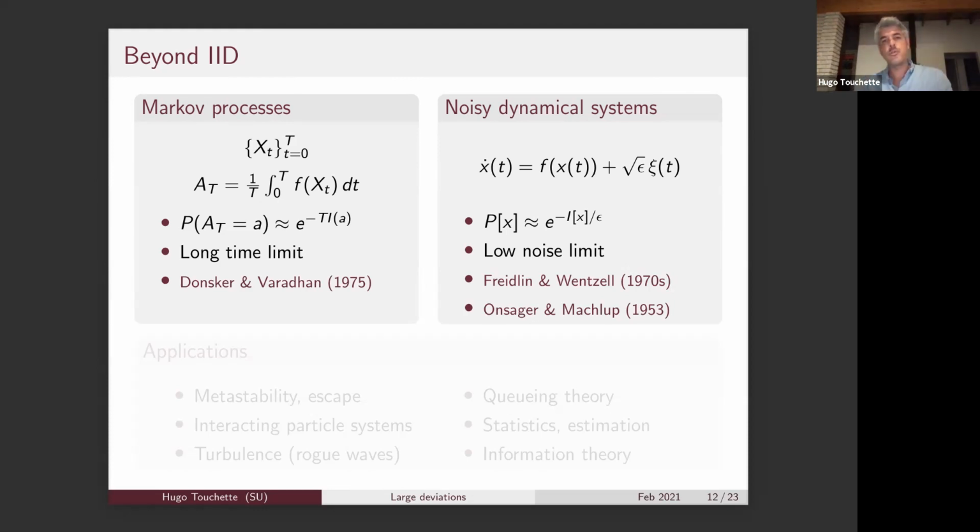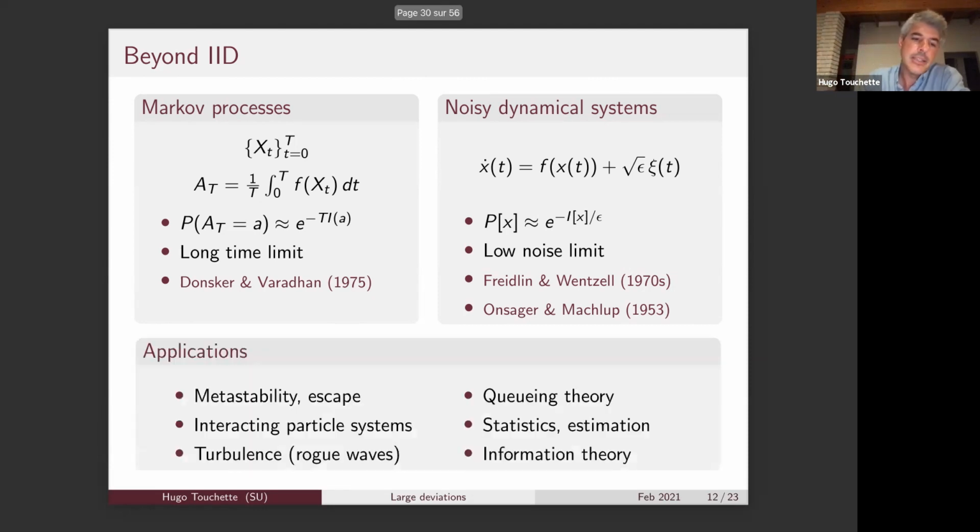So these are two branches that go beyond IID, and they're very much applied these days to study different applications, different systems. On the physics side, you can apply ideas about the low noise limit to study metastability or the escape problem. You can also use that low noise limit to study rogue waves in turbulence.